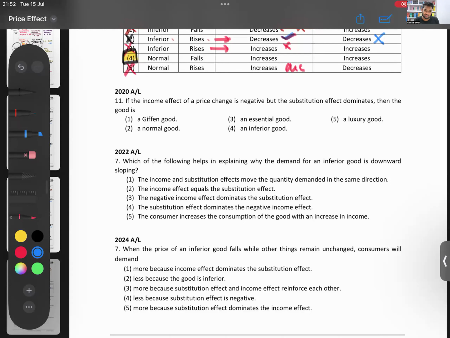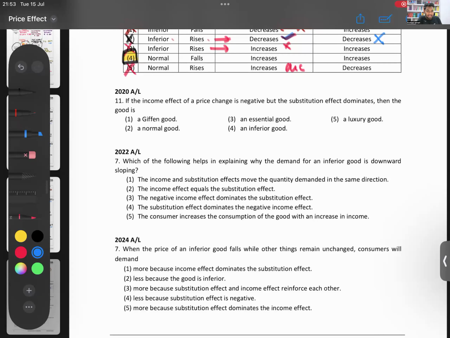Is it given, normal, essential, inferior, luxury? Income effect is negative, but substitution is more powerful. What is the good? Most of you have given answers, we'll discuss.